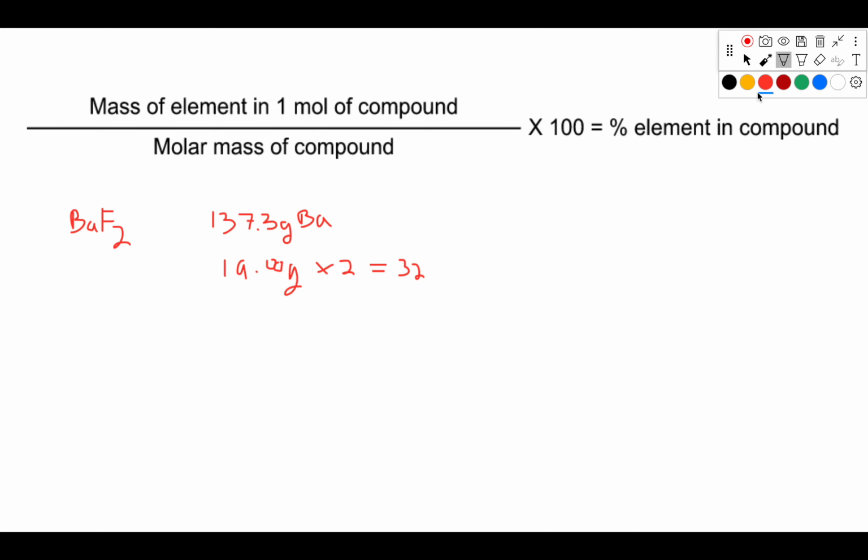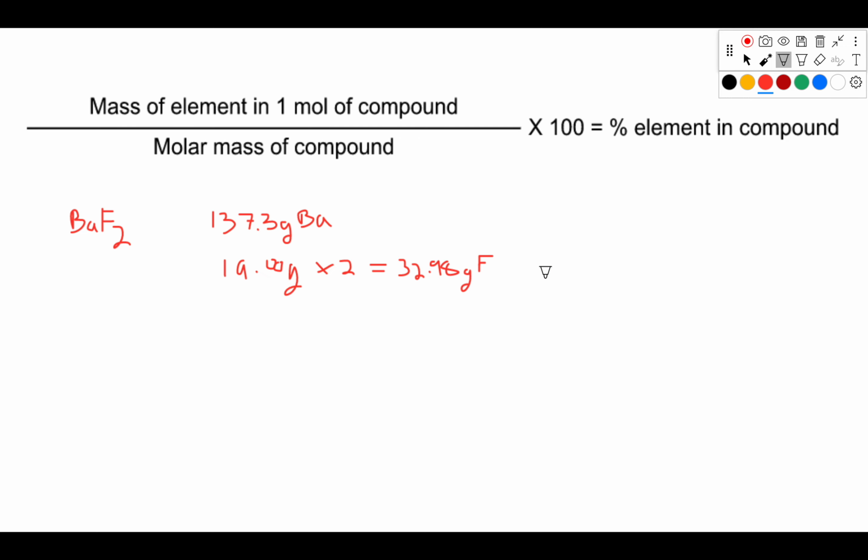More like 37.98 is what we're going to use. And that would be grams of fluorine.